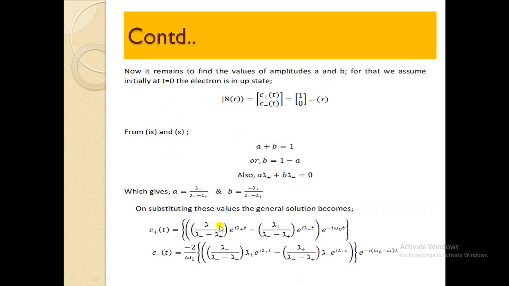Okay, so this also goes outside, this also goes outside, and this is a whole term, and this is a whole term, so one time it will be plus and in the complex conjugate this will be minus, so this term would vanish, and only the term inside the bracket remains. So one time it will be e to the power i lambda plus t minus e to the power i lambda minus t, and next time it would be e to the power minus i lambda plus t minus e to the power minus i lambda minus t.